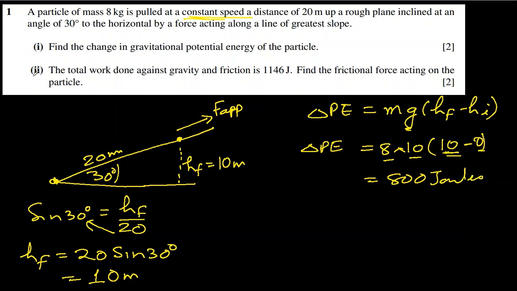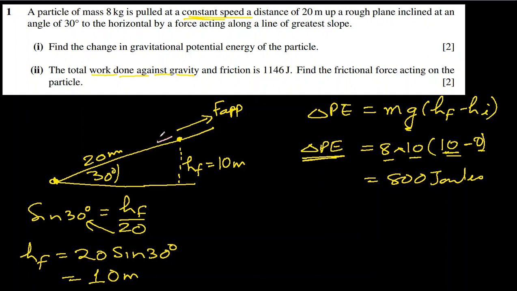Number 2, the total work done against gravity and friction is 1146 joules. Work done against gravity, you should be very clear about this. It is nothing but the difference in potential energy. Otherwise, you can also write it as the work done by this force.